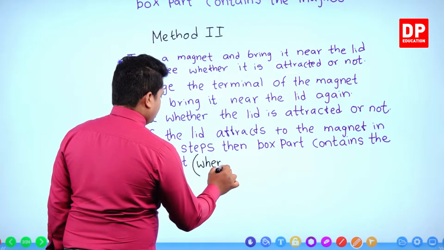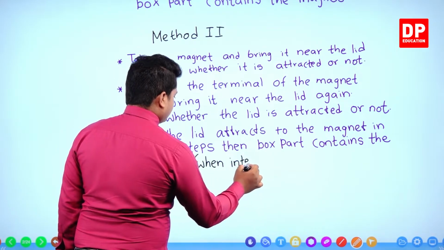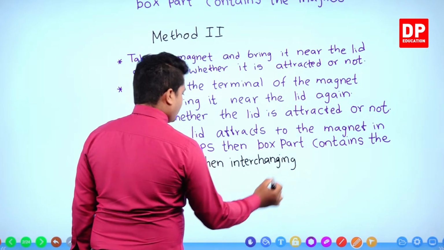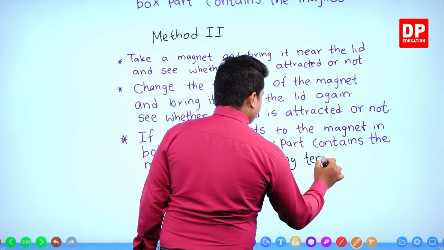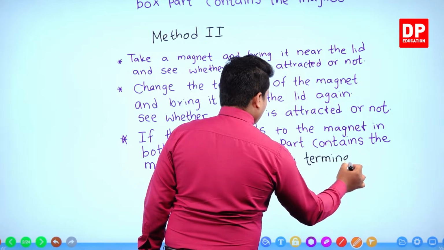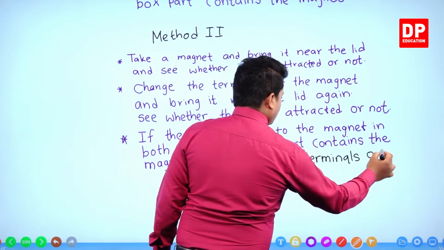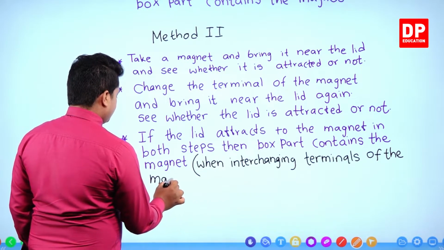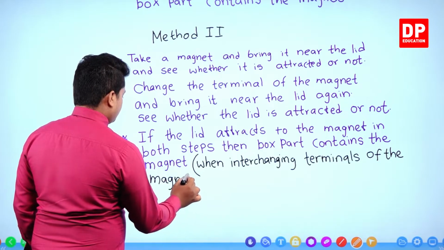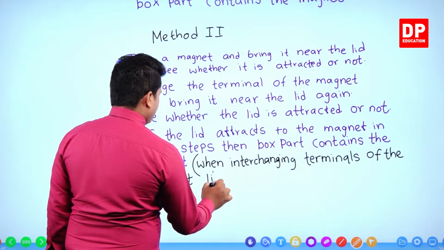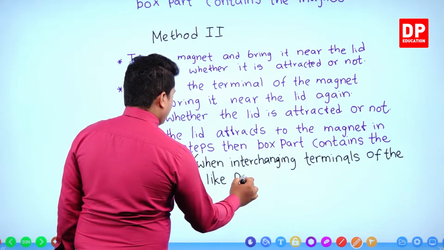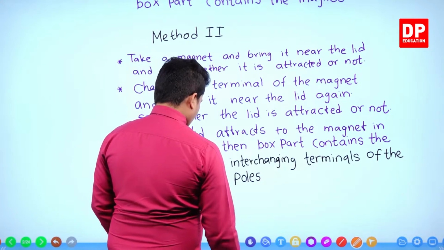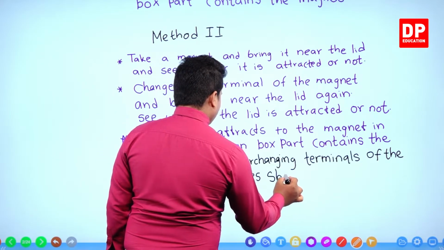When interchanging terminals of the magnet, terminals means the poles, like poles should come in contact. Like poles means north or south.